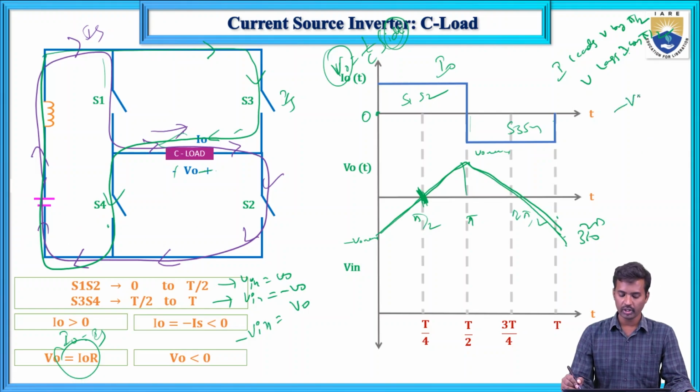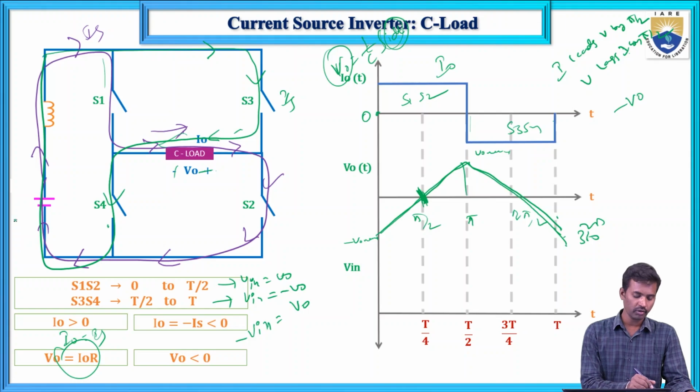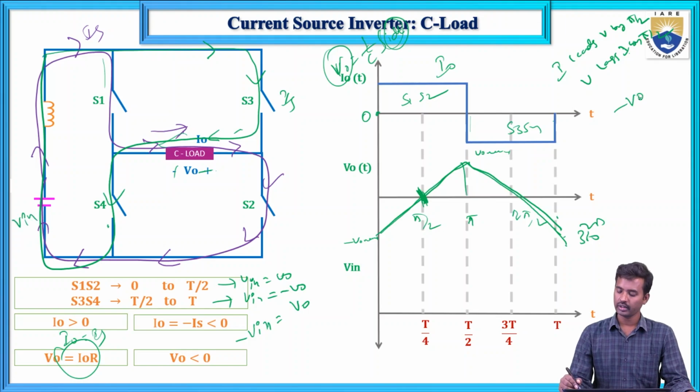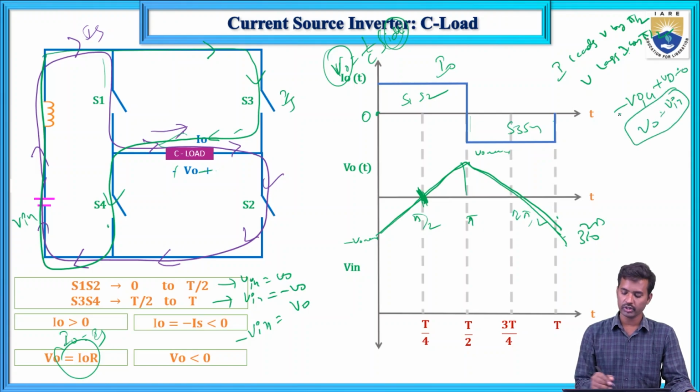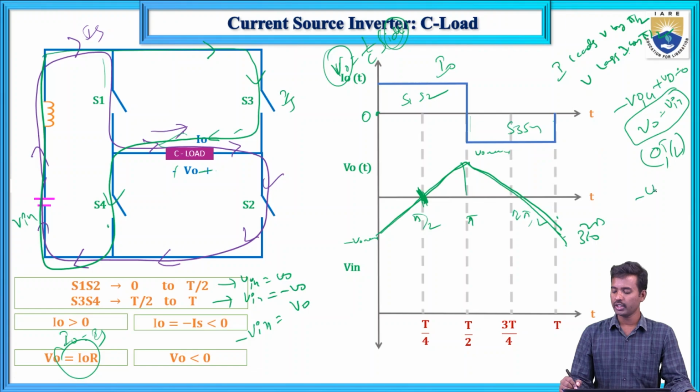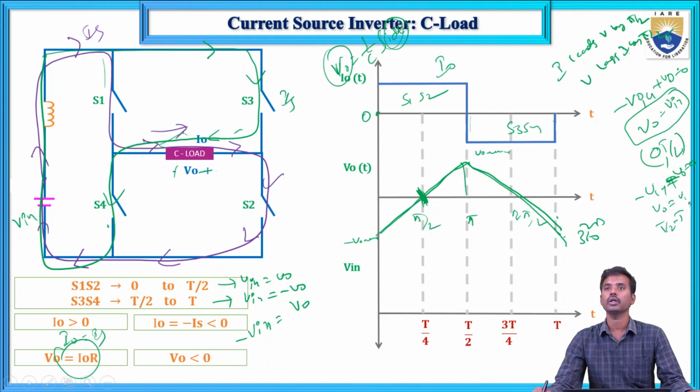So minus V in plus V naught equals 0, so V naught equals V input for 0 to T by 2. And next, T by 2 to T, minus V in plus minus V naught equals 0, so V naught equals V in from T by 2 to T.